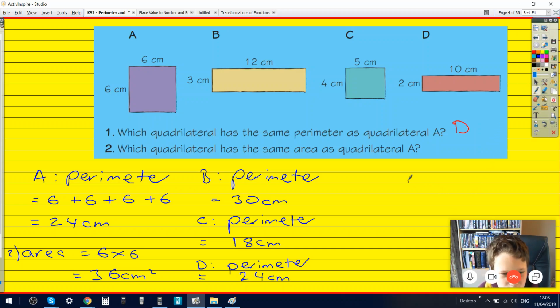How about question 2? Which quadrilateral has the same area as quadrilateral A? Now we've already done quadrilateral A's area, which is 36 centimeters squared. So for quadrilateral B, we would need to do 12 times 3, which is 36 centimeters squared.